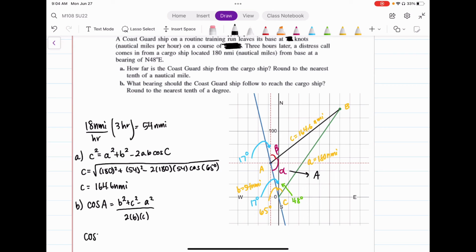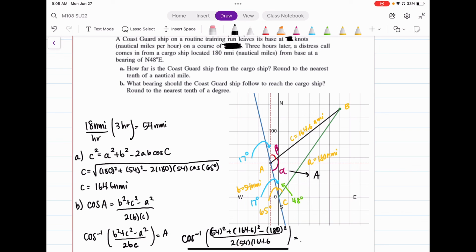So the inverse of that is going to be equal to the angle A. Plugging in the numbers that we have, B squared is 54 squared, C squared is 164.6 squared, A squared is 180 squared, divided by 2 times B, which is 54, times C, which is 164.6.